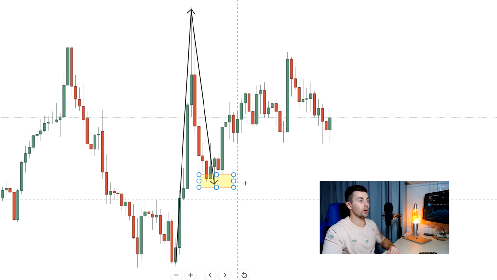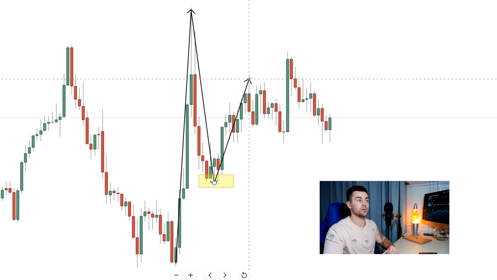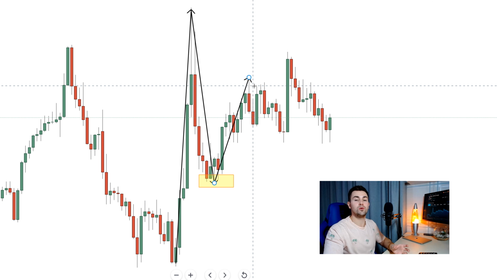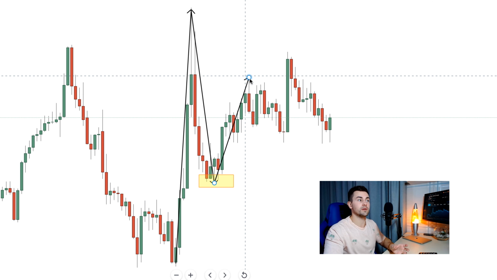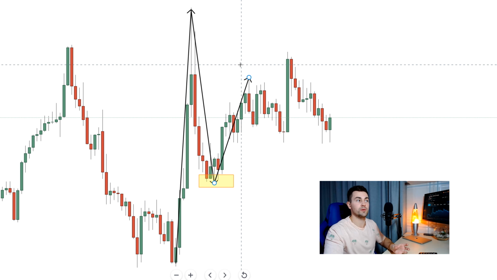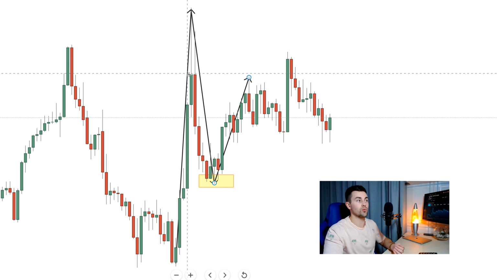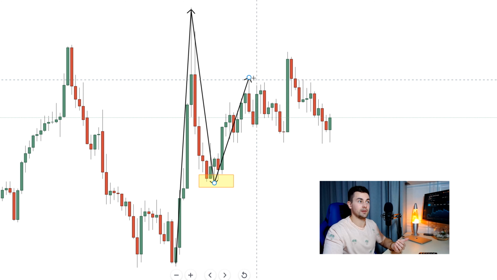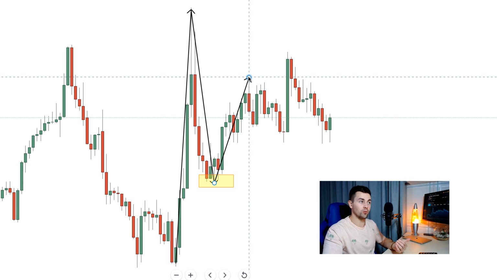Yes, we set here our high low, and after that we saw the bullish continuation, and here we set a new local high. Though this high is lower than the previous one, the market here is trading within the impulse of this major bullish wave. Yes, and here we have a new local high.